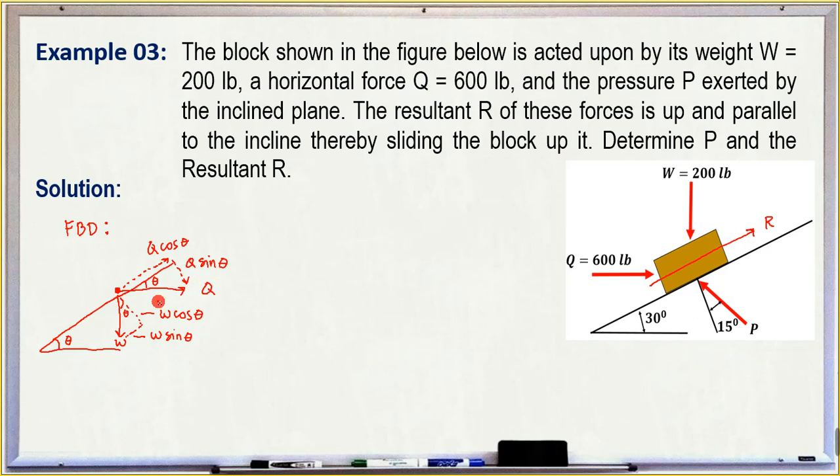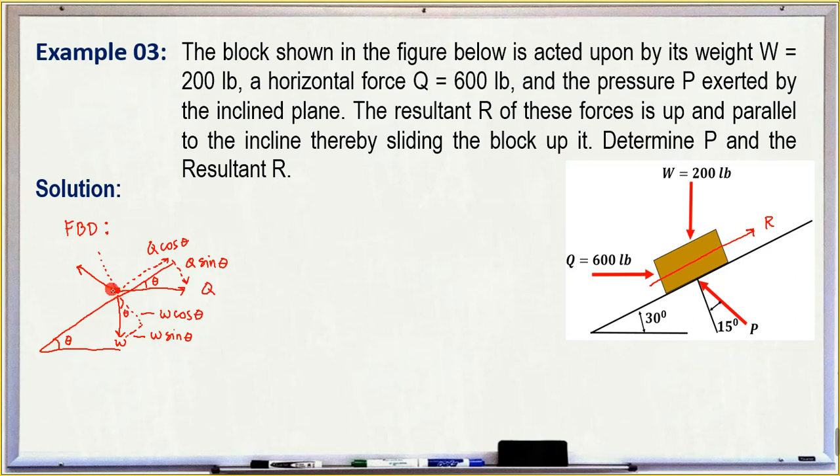Okay. Next is ang P na to. So P is the pressure no nag-exert sa atong inclined plane onto the block. And P is 15 degrees, naka-incline siya 15 degrees with respect to the perpendicular line sa atong inclined plane.